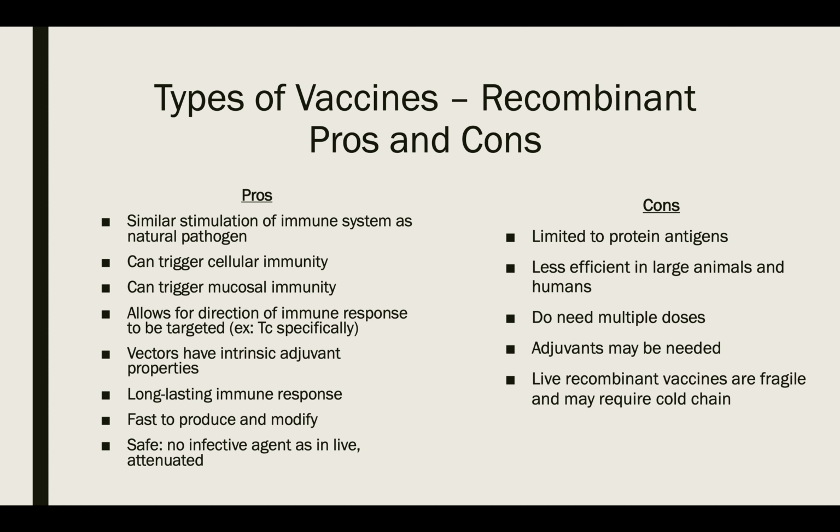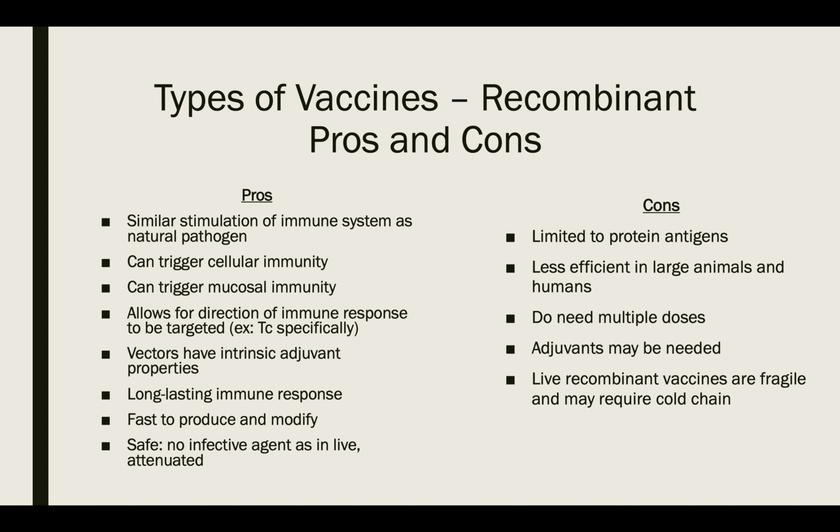The pros: there's going to be similar stimulation of the immune system as a natural pathogen, especially in live viruses like that influenza one. It can trigger cellular immunity, and very importantly, it can trigger mucosal immunity. It allows for the direction of the immune response to be targeted.